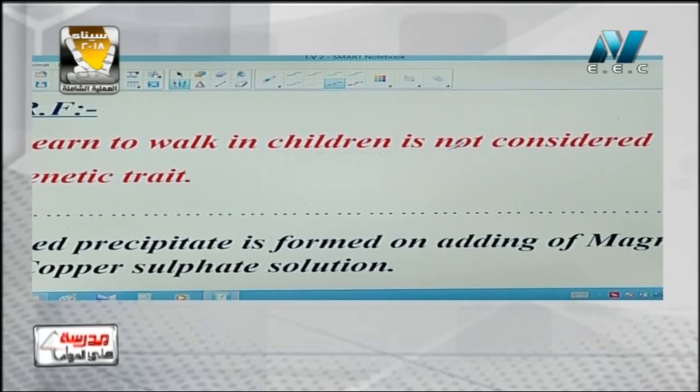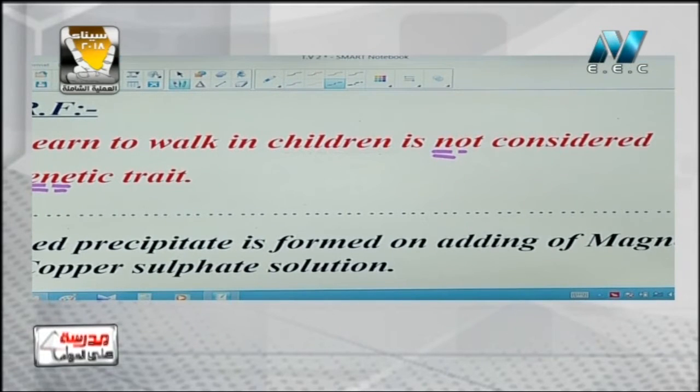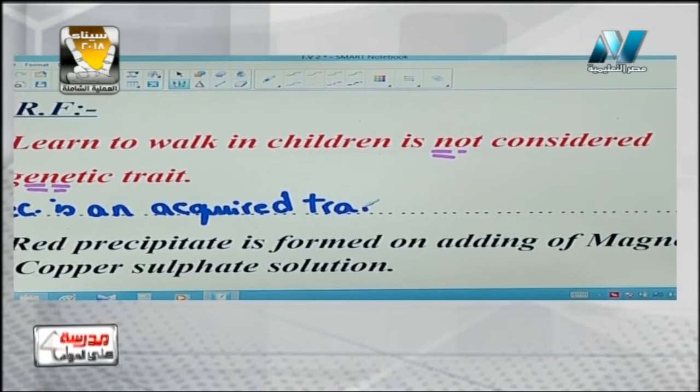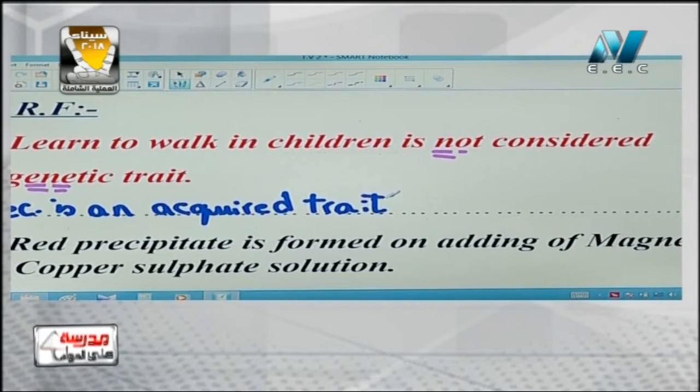طبعا هنا قال خلي بالنا في الكويستشن not genetic, which means inherited trait, because we have inherited traits أو hereditary traits, صفة وراثية, and we have acquired trait. يبقى هقول له we have to answer here. أقول له طبعا as you see, because learning to walk is an acquired trait. يعني صفة مش وراثية، طبعا هي صفة مكتسبة، can't be transmitted from one generation to another، مش هتتنقل من جيل لجيل.